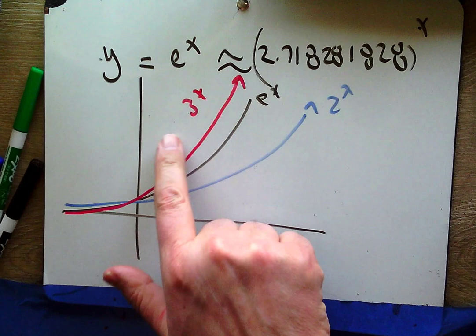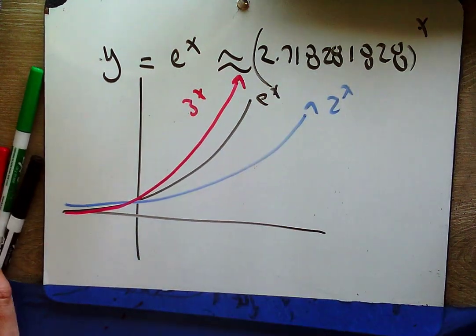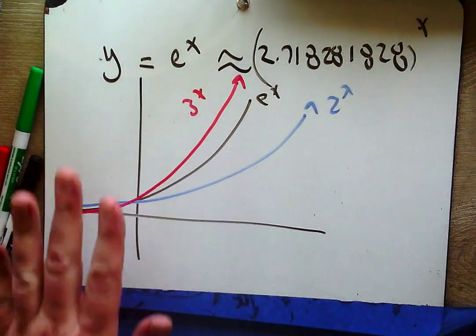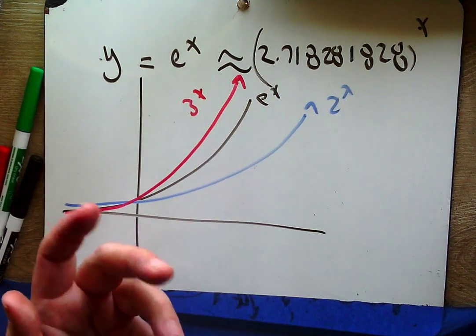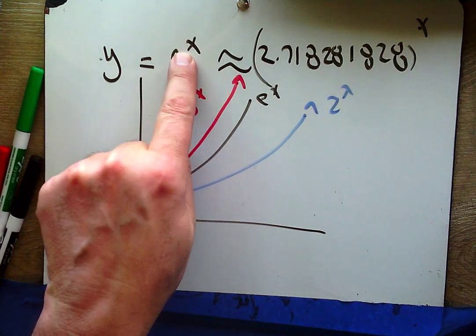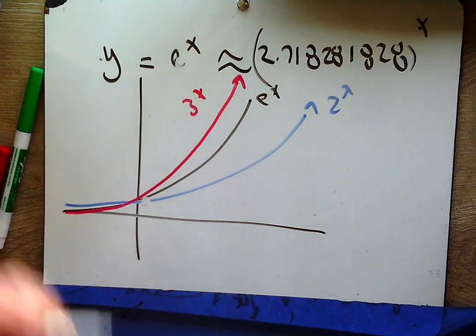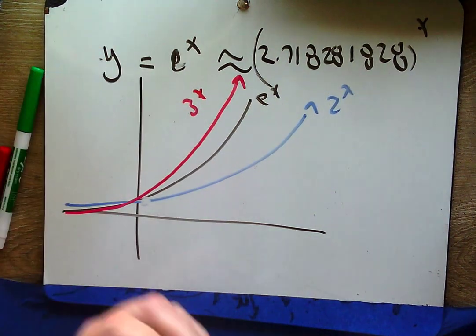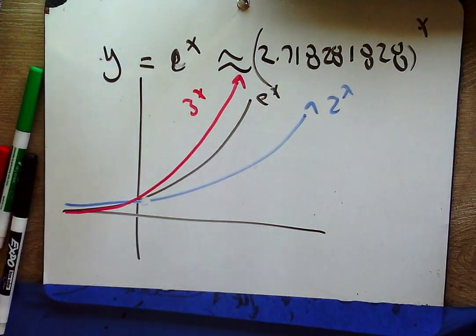A little closer to 3 to the x than 2 to the x, because this is almost 3. Fabulous. So all of these graphs have the same swoosh shape, unless we're talking about some sort of decay, which needs either a negative up here in the exponent or a base that's between 0 and 1. This is definitely bigger than 1, so no.